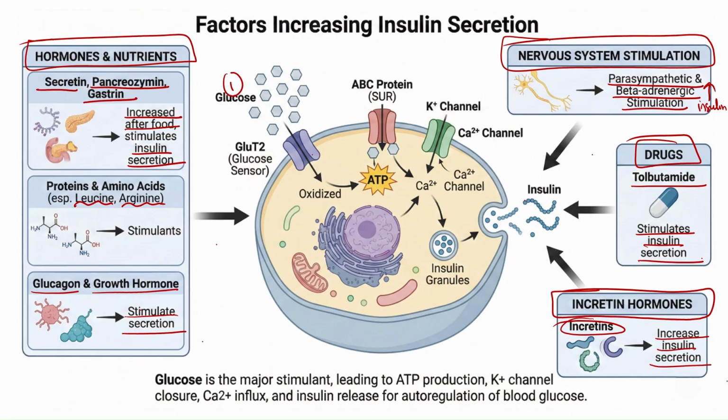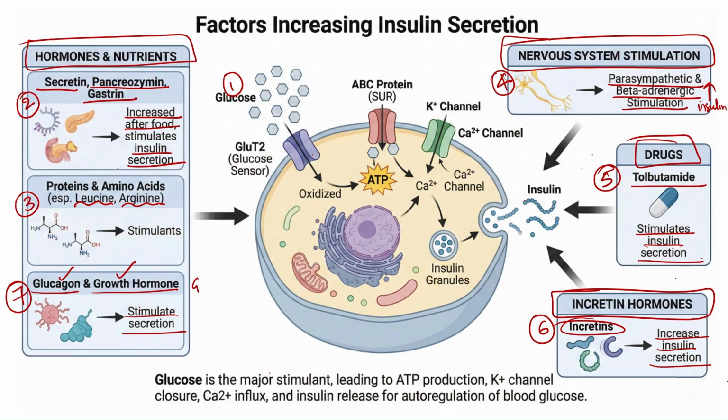So the first one is glucose, then secretin, pancreazymin, and gastrin, proteins, amino acids like leucine, arginine, nervous system stimulation, drugs like tolbutamide, incretin hormones. But the question arises about the seventh one, that is glucagon and growth hormone. How do glucagon and growth hormone act as factors increasing the insulin secretion?